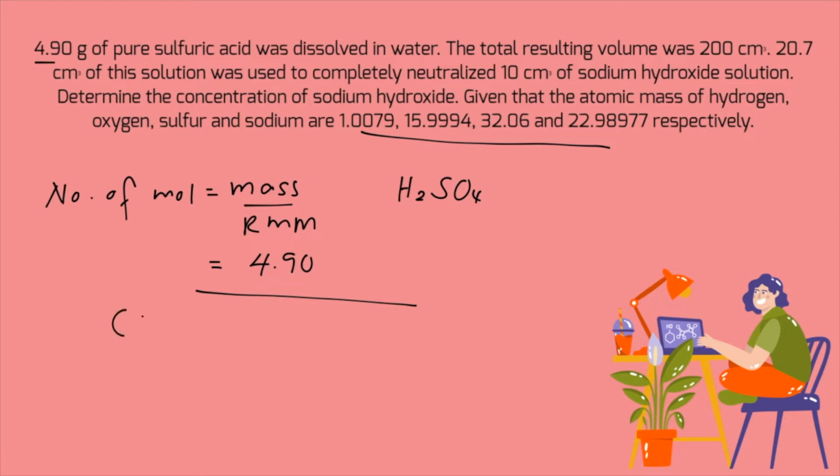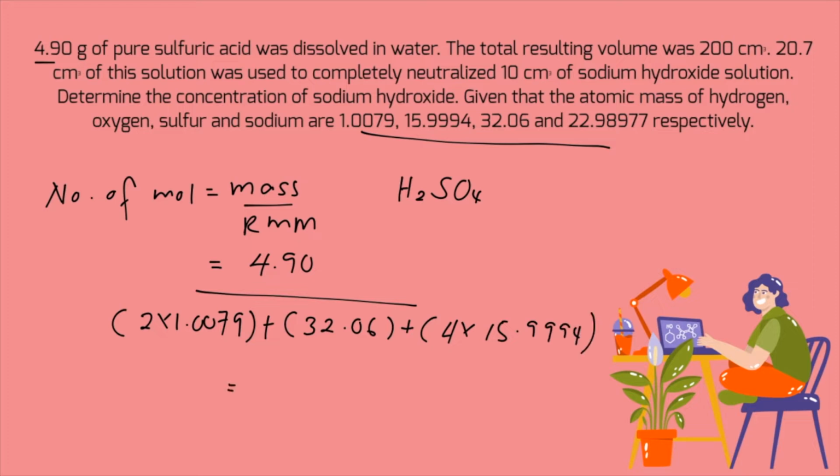So 2 times 1.0079 plus sulfur is 32.06 plus for oxygen. So oxygen is 15.9994.